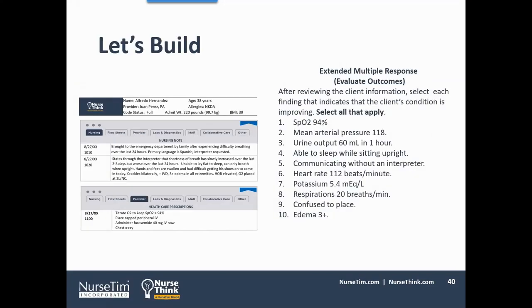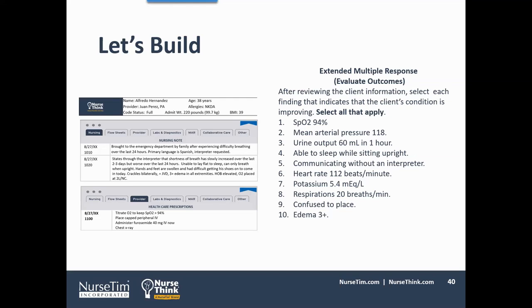The last step that I want to include is the process of evaluating outcomes. And of course, evaluating outcomes lets the nurse determine whether or not the actions they took were sufficient. So my EHR gives me the support I need. It's ready to roll. I think I've got everything I need to create an item from that. So the stem starter I want to use is, after reviewing the client information, select each finding that indicates the client's condition is improving.